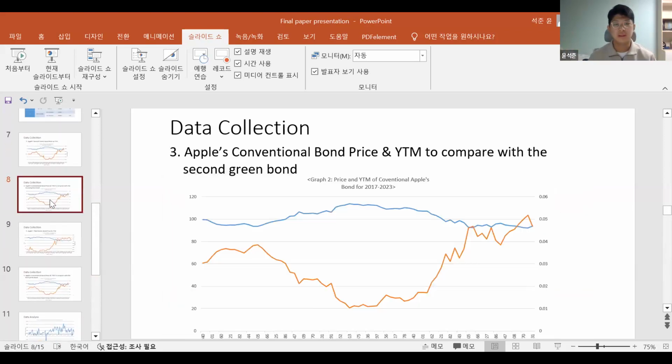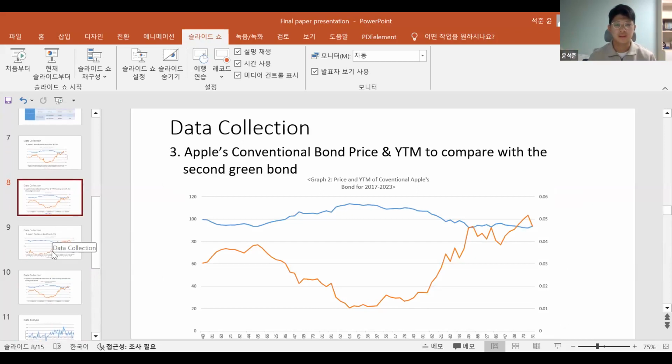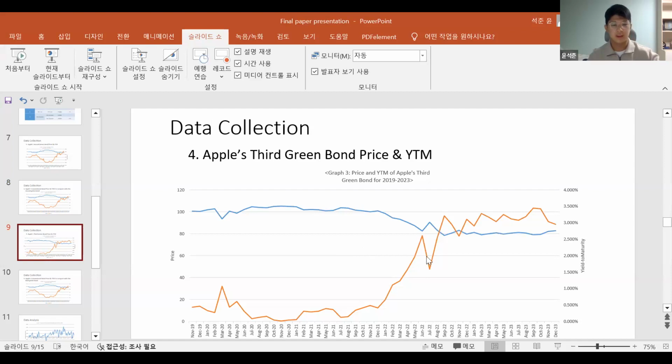And even this third green bond's price and YTM data is very surprising, because after the beginning of 2022, the price steeply declined to almost 80% of the par value, making the YTM almost 2 to 4% when the coupon rate is 0.5%, which is a very low price and a really high YTM.